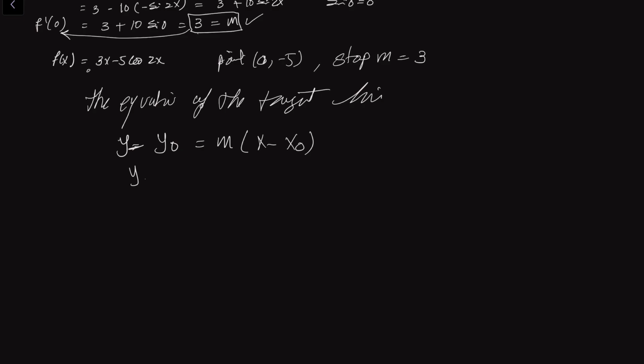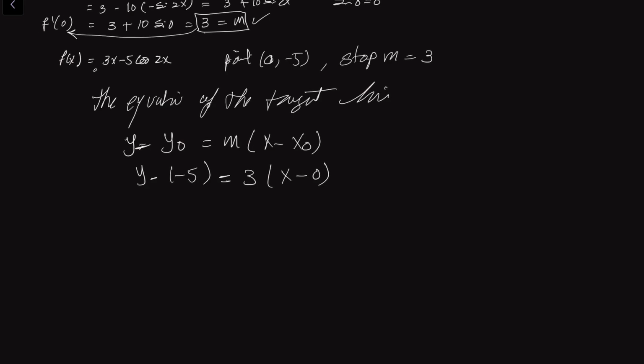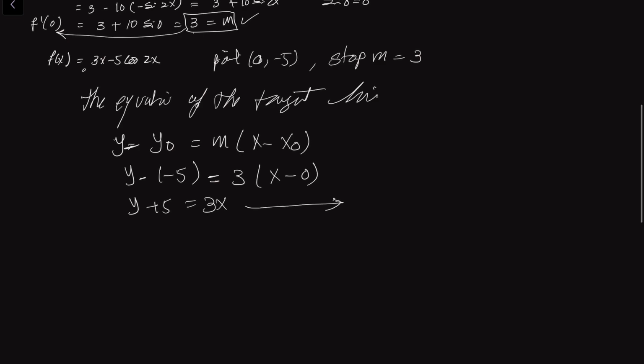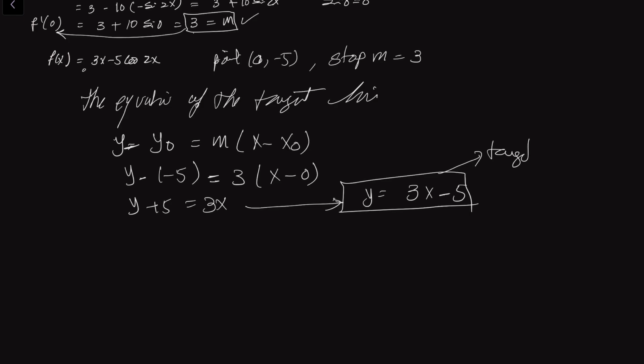So y minus y0, which is minus 5, equals 3, that's my slope, times x minus x0, which is 0. So it will be y plus 5 equals 3x. So that will be y equals 3x minus 5. And that's the equation of the tangent line.